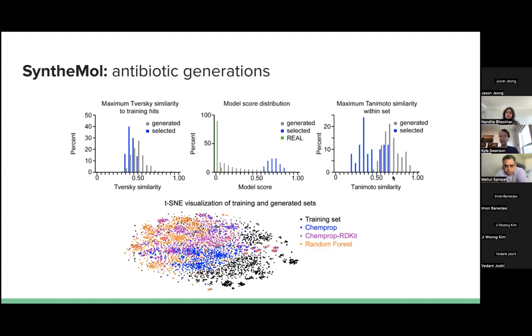And then the last thing over here is just focusing on the chemical diversity component. So this is saying among the generated molecules or among our final selected filtered list, what is the similarity between pairs of molecules on average? So again, after applying that diversity filter, we tend to get more dissimilar molecules, which is what we're looking for. And this final t-SNE over here gets to that point that I mentioned earlier, which is we have SyntheMol with these 3 different property predictors.